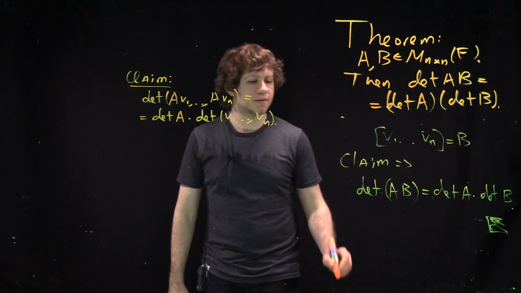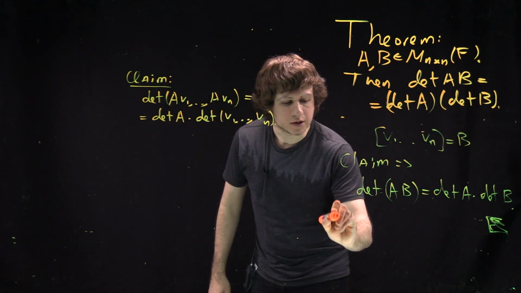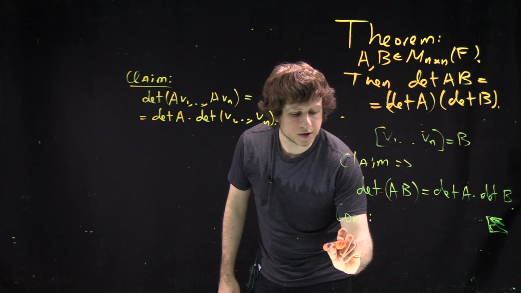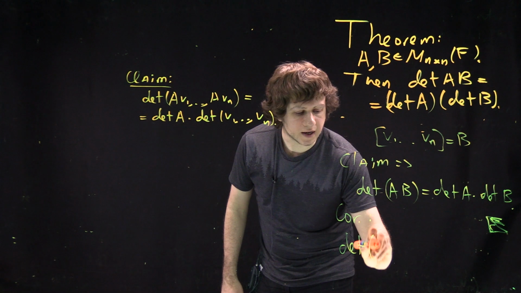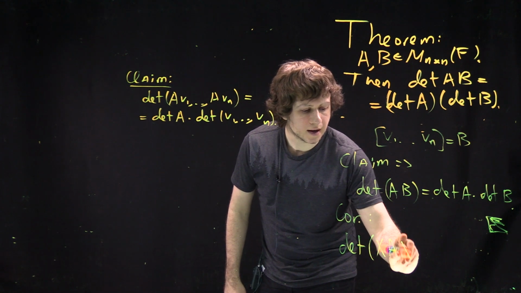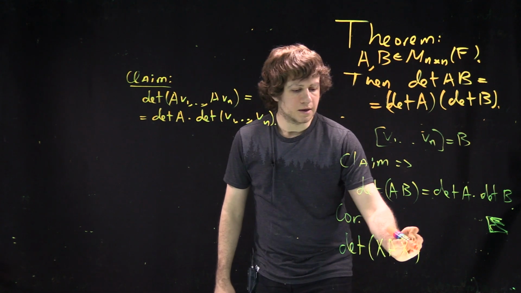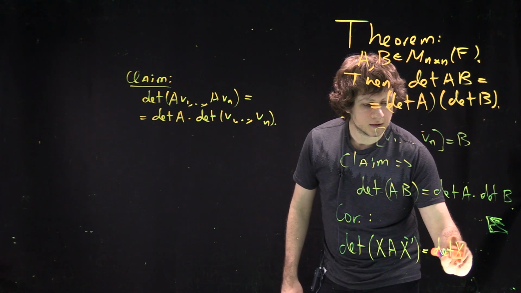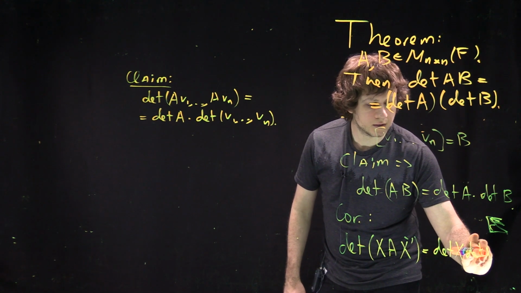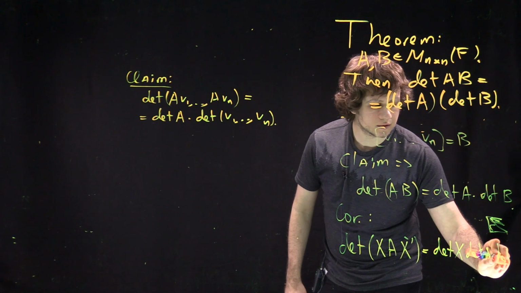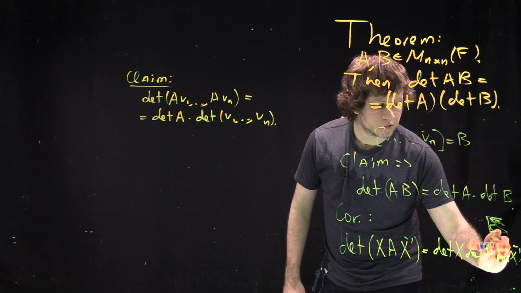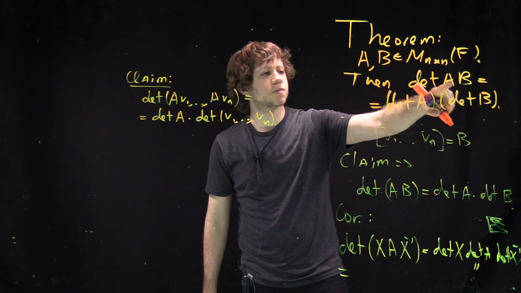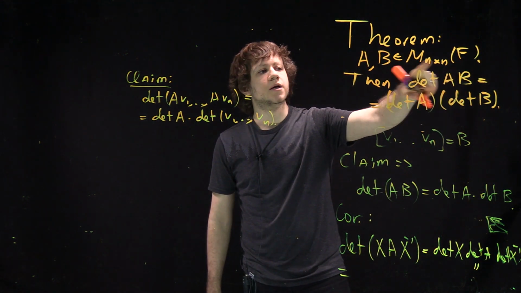Okay, so here is the main corollary. Firstly, let me say the computational corollary. If you consider the determinant of X A X inverse, that of course is the same as the determinant of X, determinant of A, determinant of X inverse. Then for the determinant of X inverse, from this theorem, if you just plug in A, B equal to 1, you get 1.